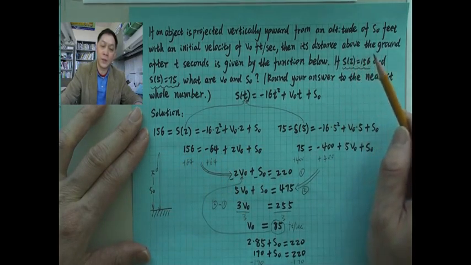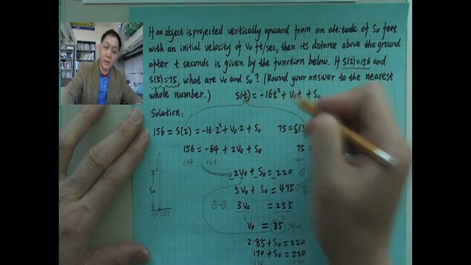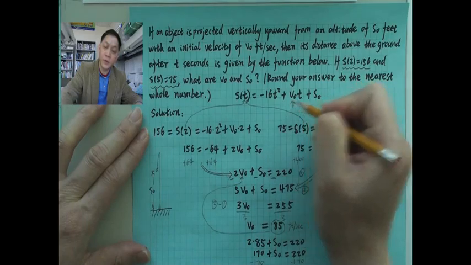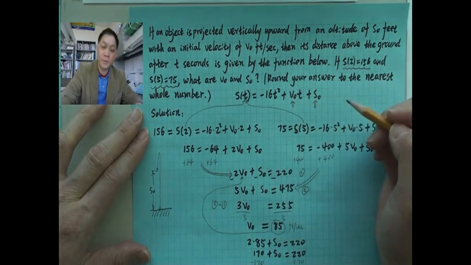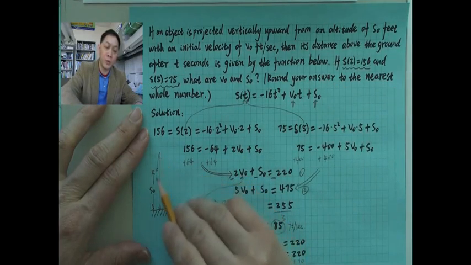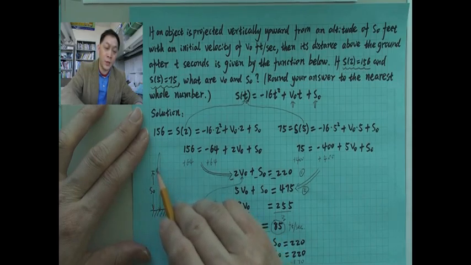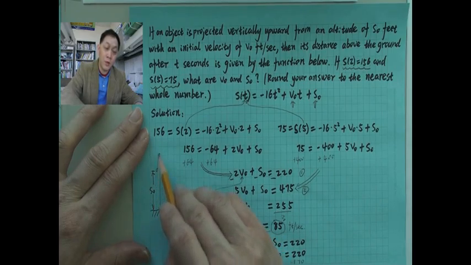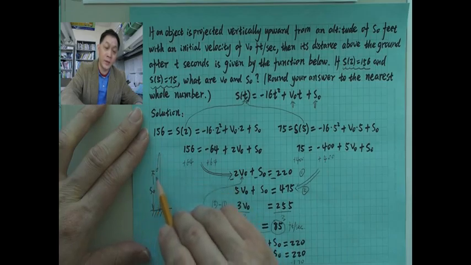Okay, so we want to find out these two values. The initial speed: when you throw this object up, what's the initial speed? You use more power, so the initial speed might be higher.